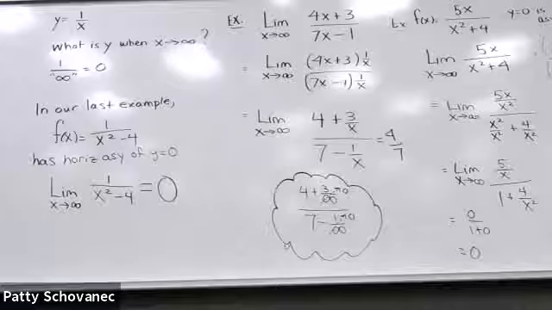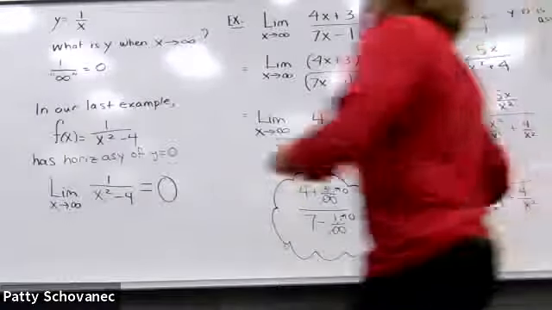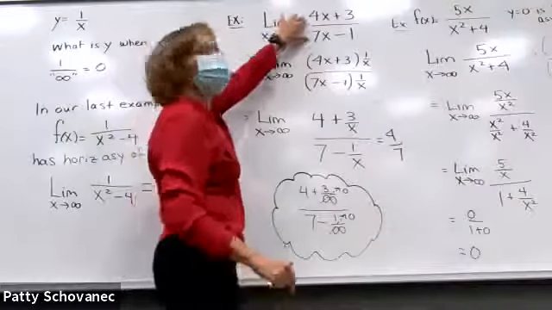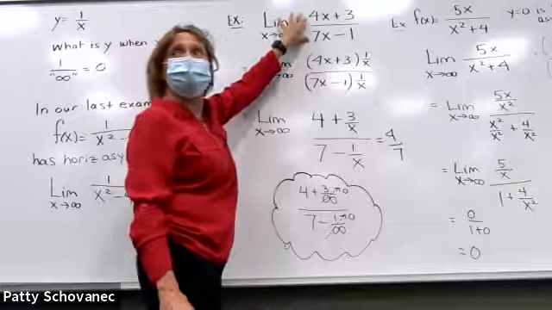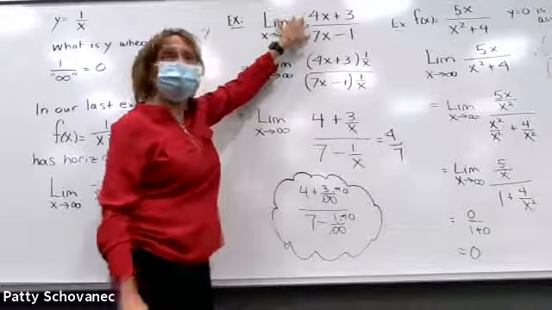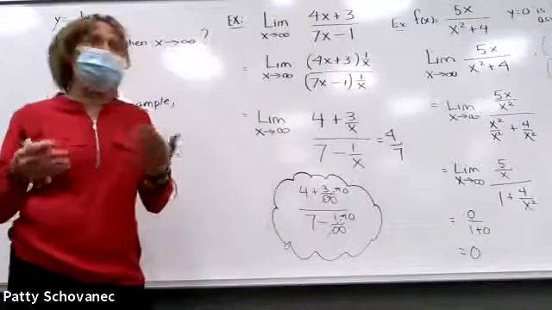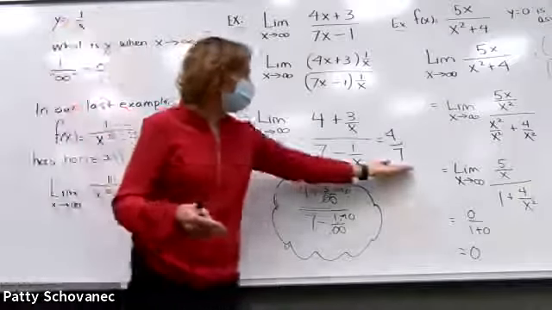Now, if you think about those steps that we did just for these 2 examples, we can probably generalize for all examples. Even if these were x squareds or x cubes or whatever, if I have the same power of x in the numerator as I do in the denominator as the highest power of x, look what we get as the limit.